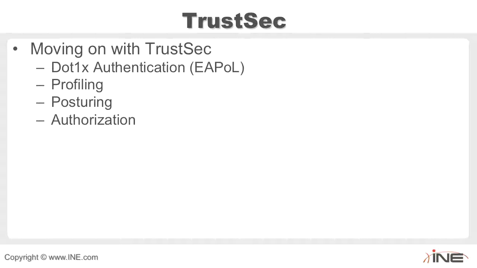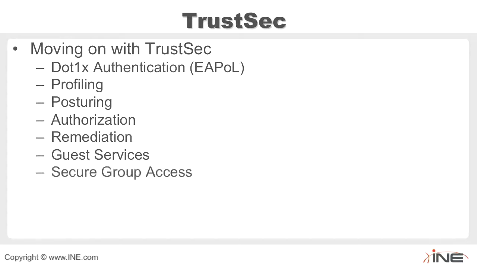If they don't meet all of our requirements, maybe they don't have the proper level of patches on their operating system, or they don't meet a minimum level of iOS, not Cisco iOS, but Apple iOS operating system level, then we send them to some form of remediation or some sort of sandboxed area. We provide maybe guest services for visiting people, visiting contractors, or just guests in our environment.